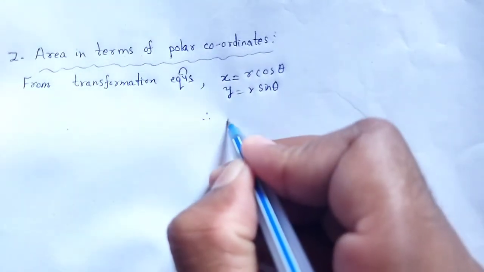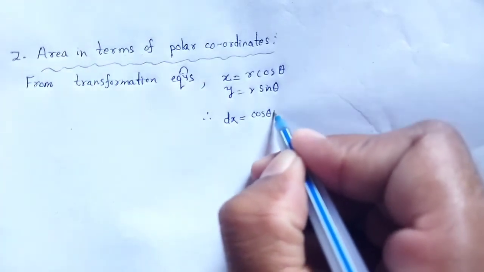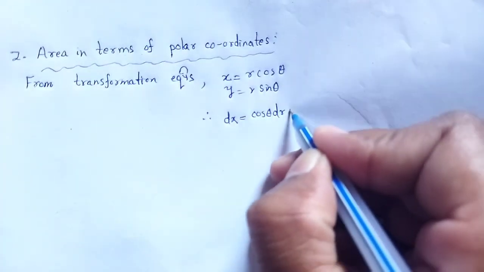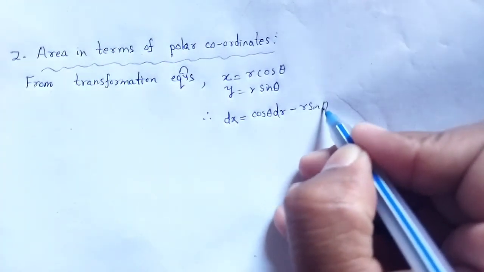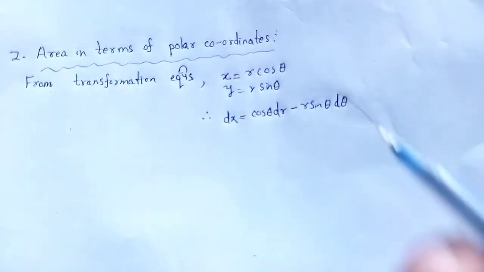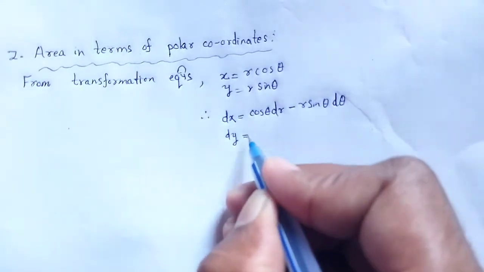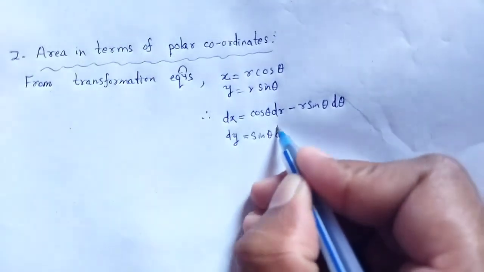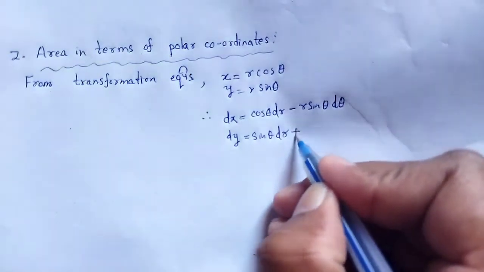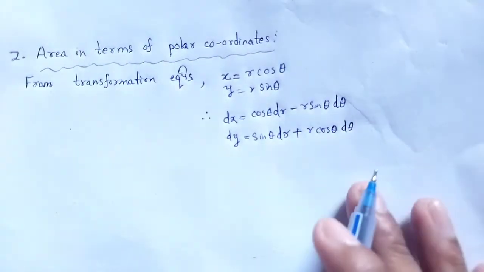Therefore we can write dx is equal to cos theta dr minus r sin theta d theta. Again dy is equal to sin theta dr plus r cos theta d theta.